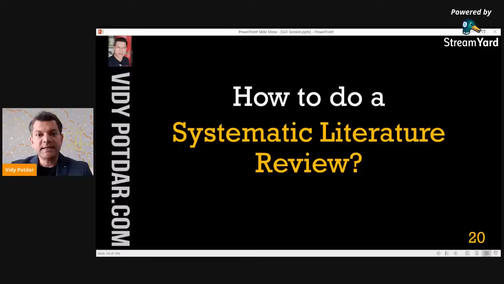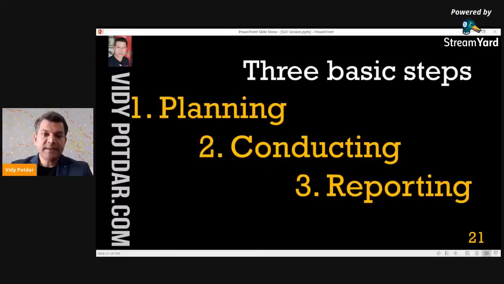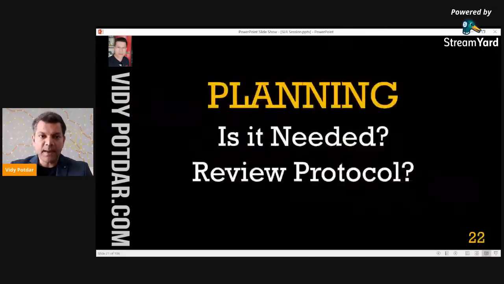So the next question is how to do a systematic literature review. Basically, there are 3 steps: planning, conducting, and reporting. In the planning phase, the first very important question we ask is: is the systematic literature review needed?